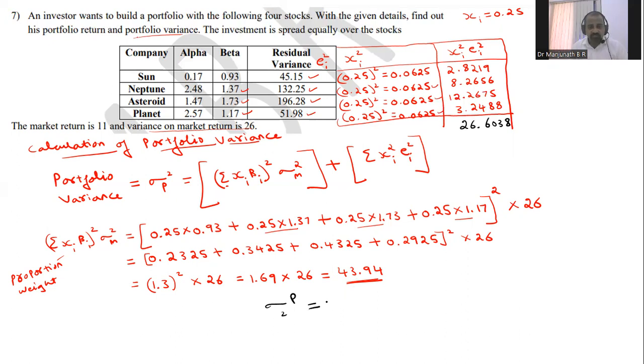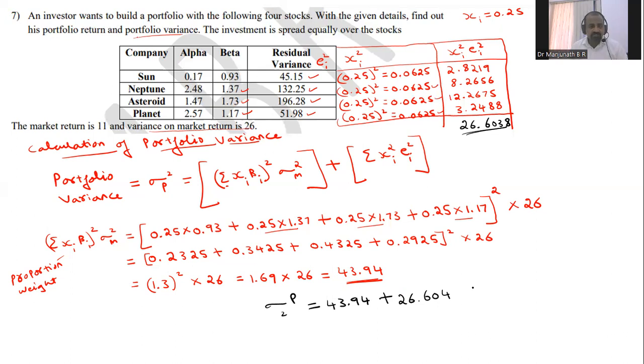So I'll be just taking that 43.94 plus, if you see the formula, summation of xi square multiplied with ei square. Ei square is nothing but the residual variance, and the total is here. I'll be taking that as maybe 26.60. I can just write the rounding off, instead of 3, I'll write it as 4.